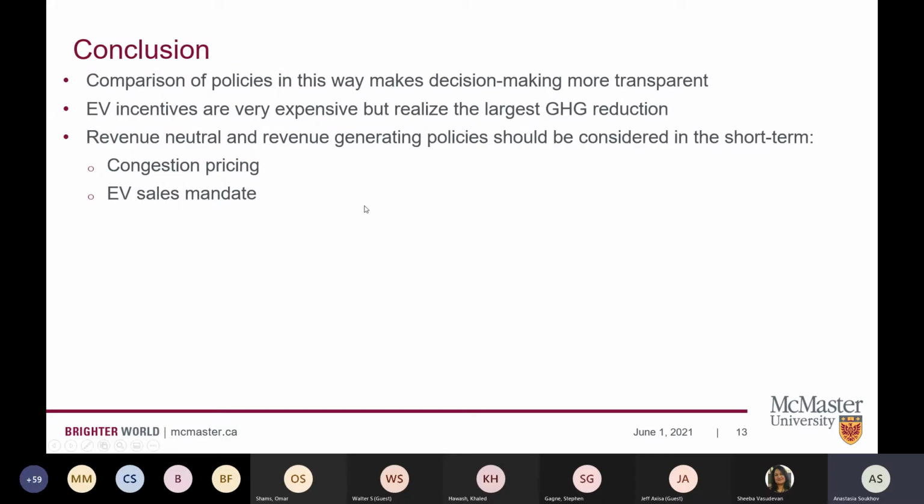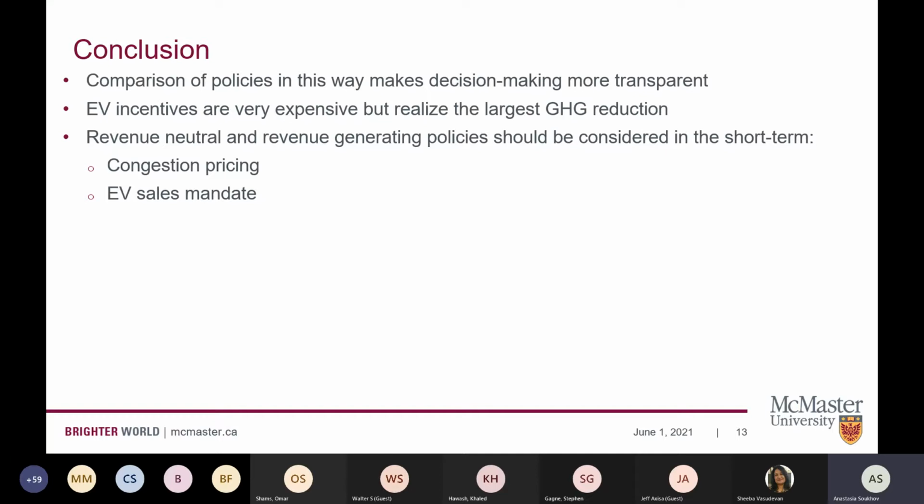And to conclude, this comparison that I made makes it easier to visualize the decision making involved in choosing a greenhouse gas emission reduction policy. It's also based off of a ton of assumptions, but if you're making these assumptions in the background, presenting it and using the optimization model makes it more transparent that way.